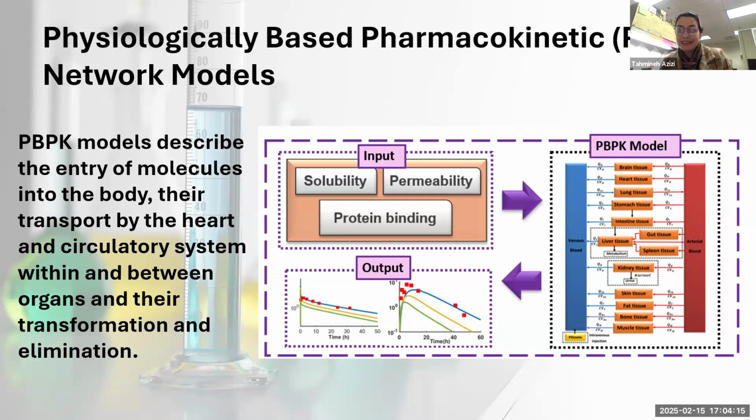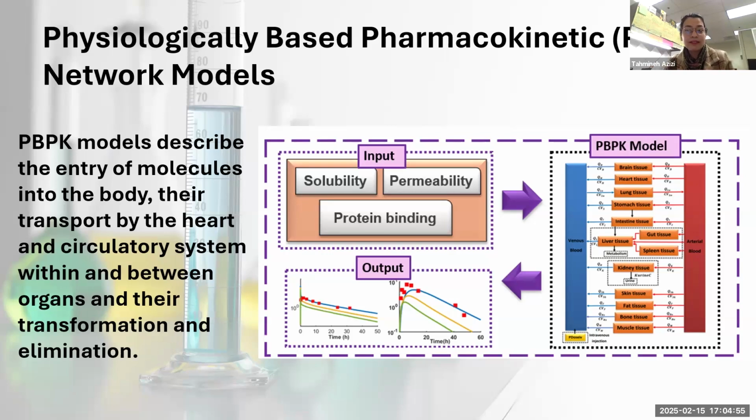We include different body organs like brain, heart, lung, stomach, which interacts with the intestine, liver, kidney, skin, fat, bone, muscle, and many other organs, for the specific study I was working on during my PhD. We also need to include the different ways of administering the drug: intravenous, intramuscular, or through food or water.